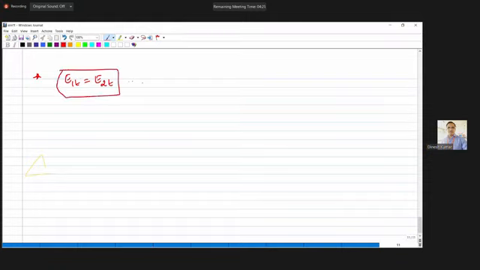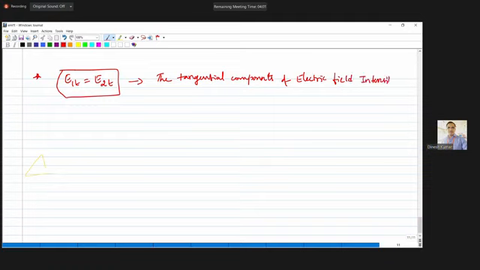So from here, what can we conclude? The tangential components of electric field intensity are constant in both mediums.